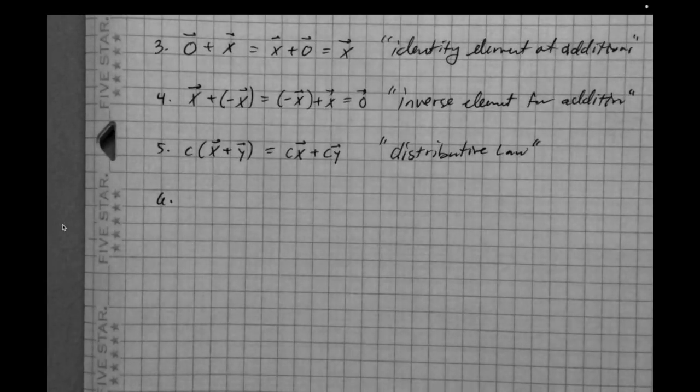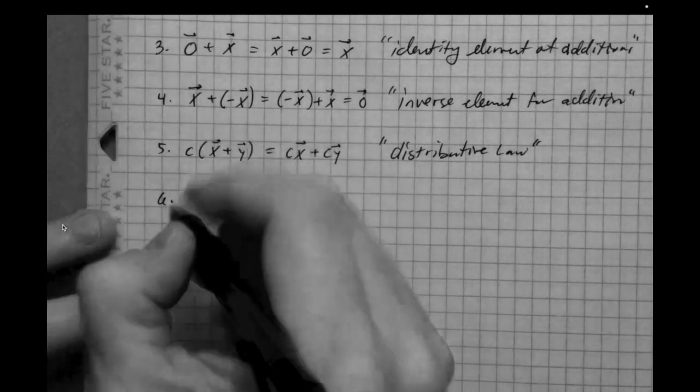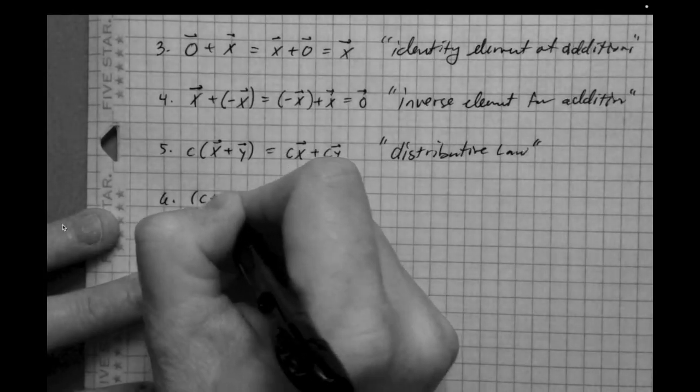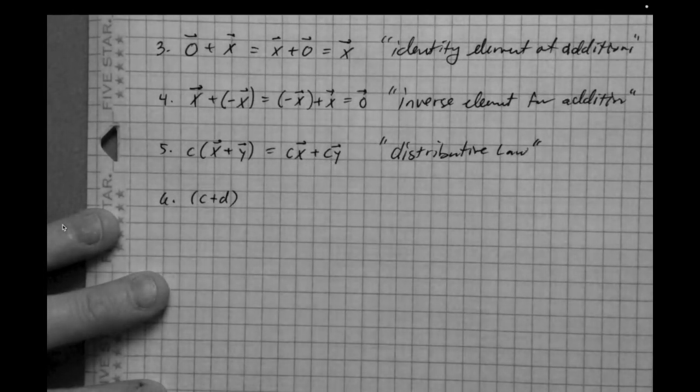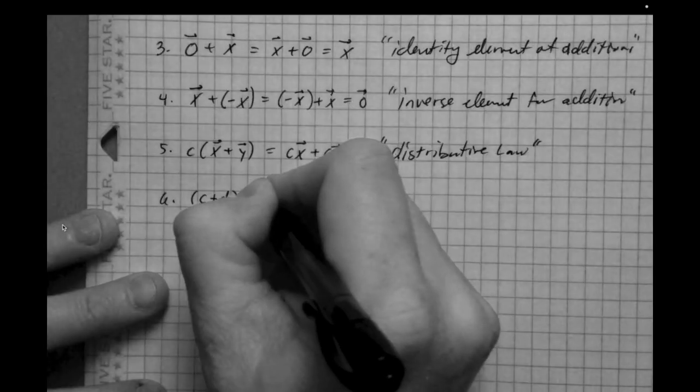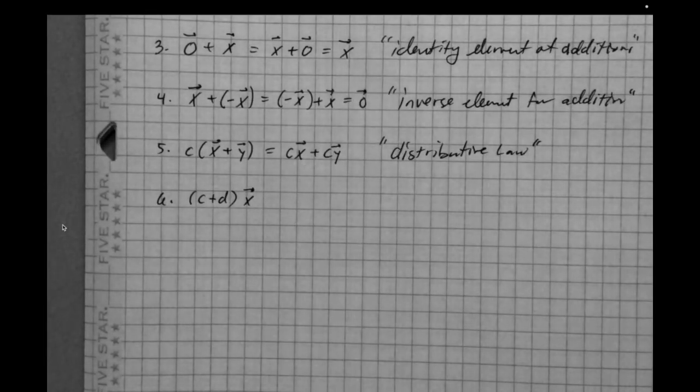And there is another version here. If I have two scalars that I'm adding together and I want to multiply them by this vector x, then I can do something similar to the distributive law up above, but here I've got two scalars and one vector.